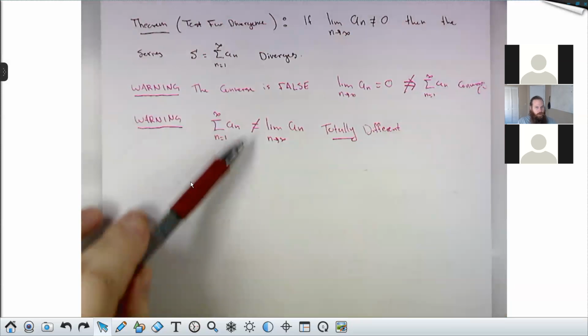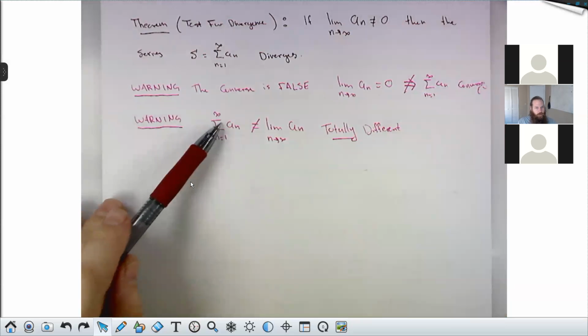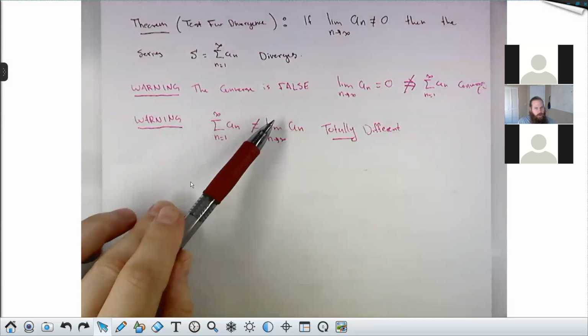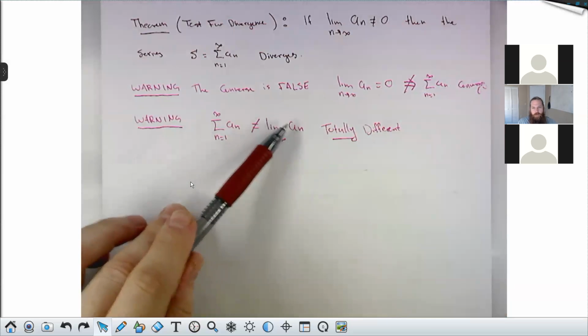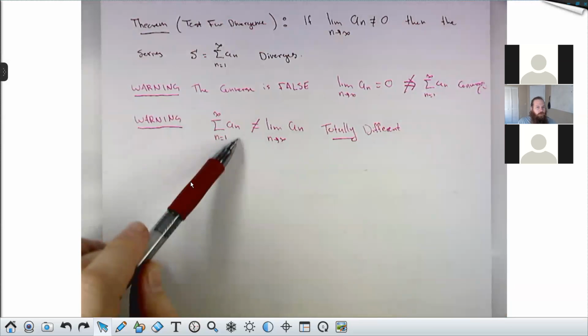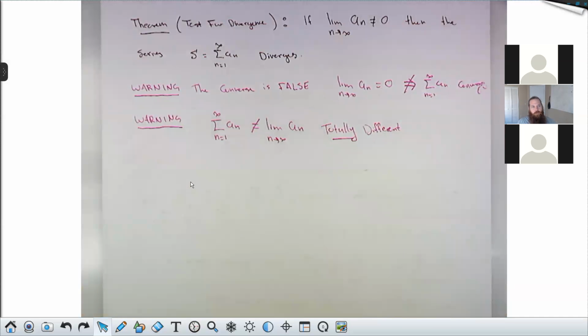Over here, I'm adding up A1 plus A2 plus A3 plus A4 plus A5 plus A6 all the way out to infinity. Here, I'm finding the limit. I'm looking for the horizontal asymptote. So this is like the integral from 1 to infinity. This is like the horizontal asymptote. They're very, very different animals.